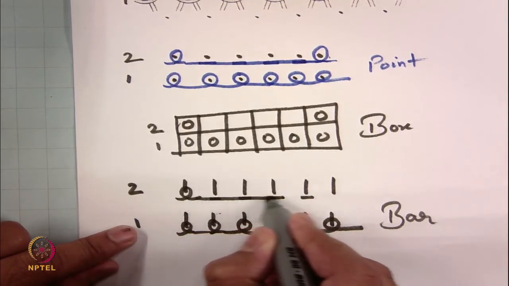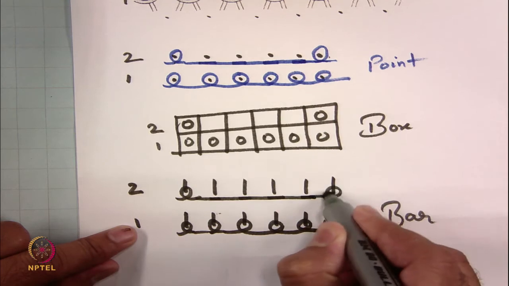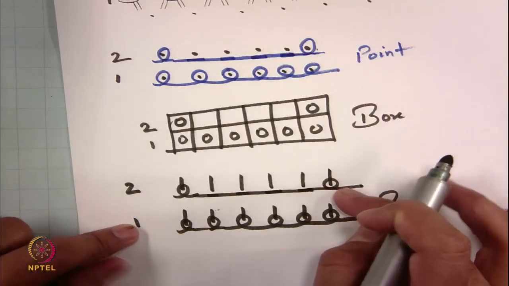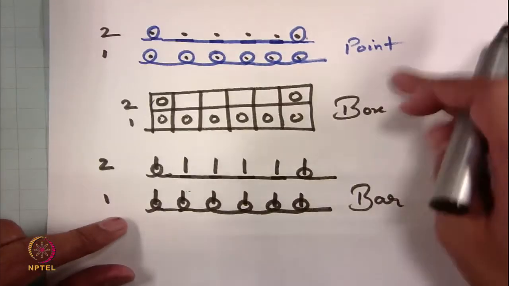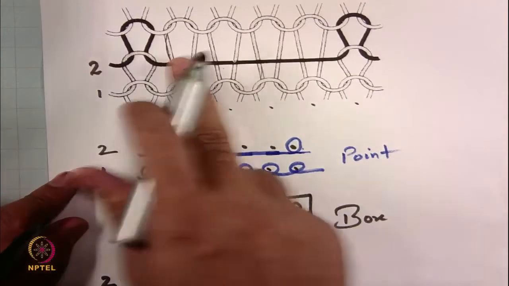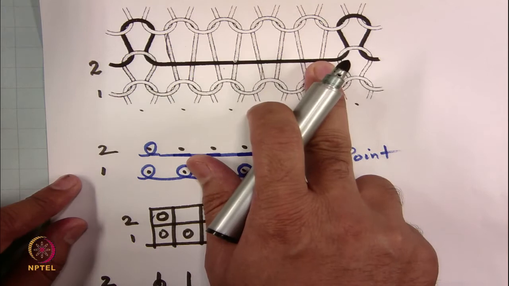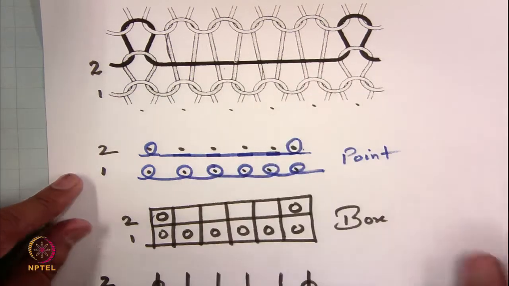So, you can simply put like this and then again loop, because you have the technical back loop in the last column. So, this is how you represent point, box and bar diagrams. Here you can see there are 4 needles consecutively making float. Okay. So, this diagram is a little bit different.